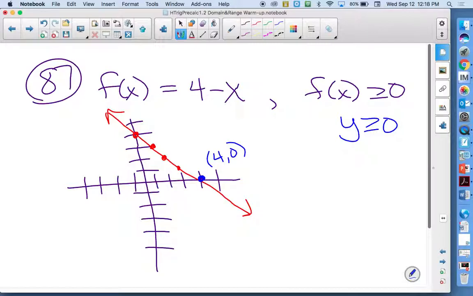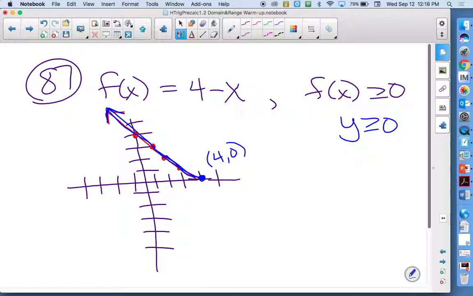If we want the piece of the line that is greater than or equal to 0, I need the piece of the line that goes above the x-axis. Well, that's this piece here. The rest of it is less than 0. There we go. And then you need to give the interval of that piece of the line.